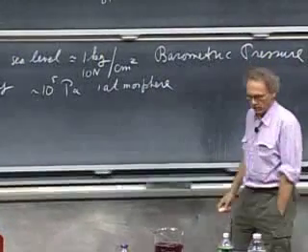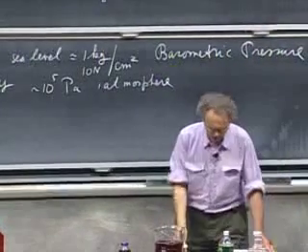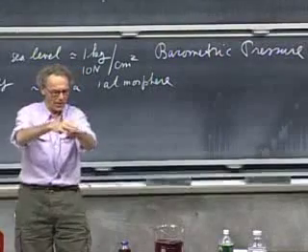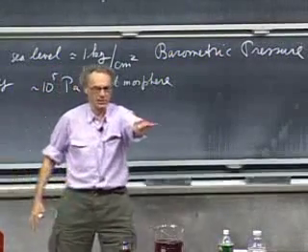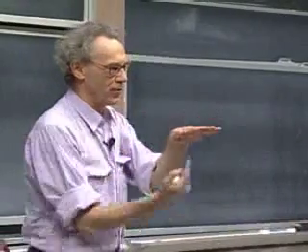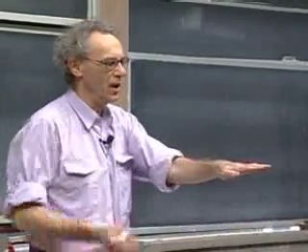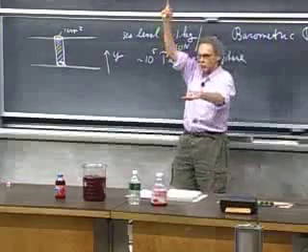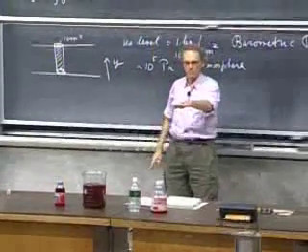The idea of a barometer. Here's my hand, and my hand has an area of roughly 150 square centimeters. Force is always perpendicular to the surface. I discussed that several times. For each square centimeter, there's an equivalent weight of 1 kilogram due to the air above me.